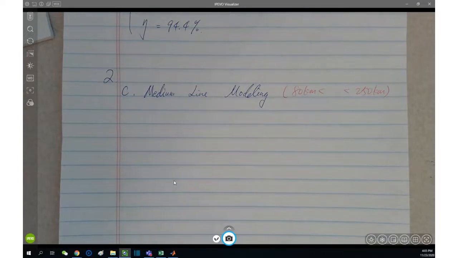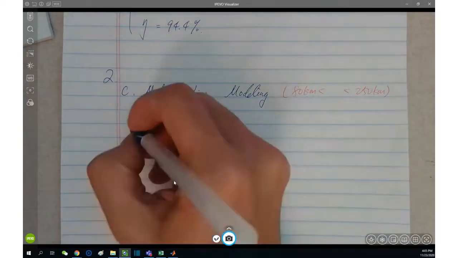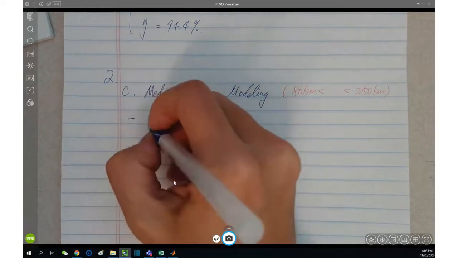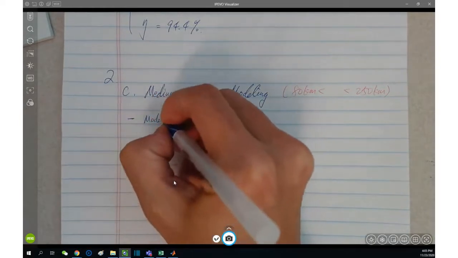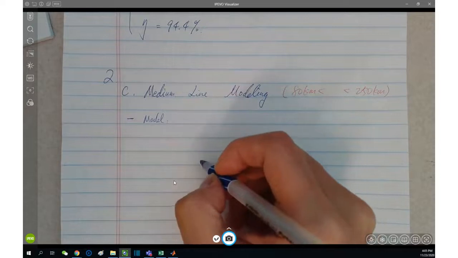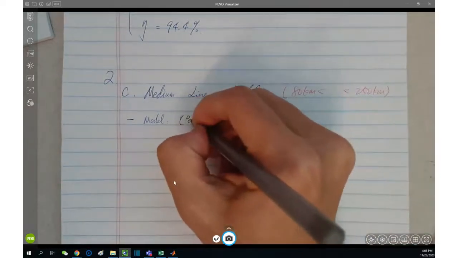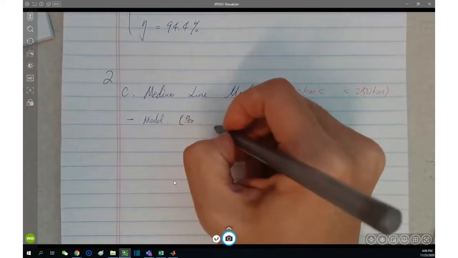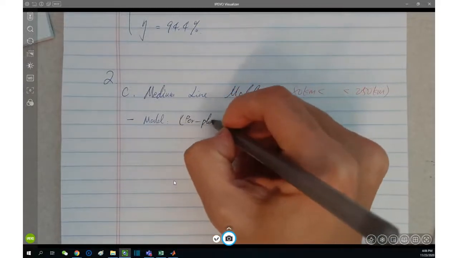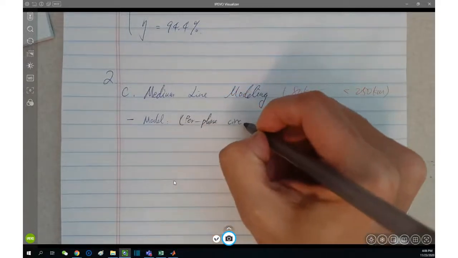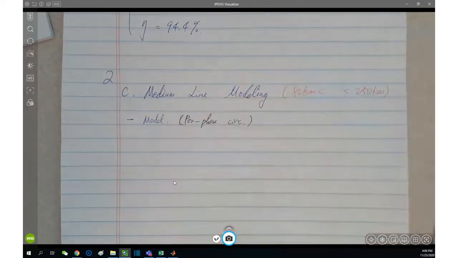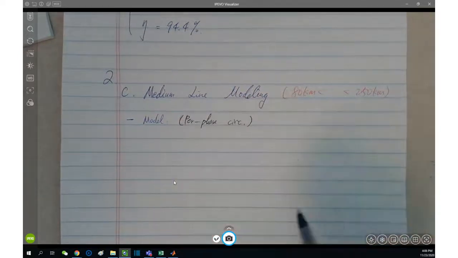So for the medium line model, first, what does the model circuit look like? Once again, this is a per phase circuit. It looks like this.